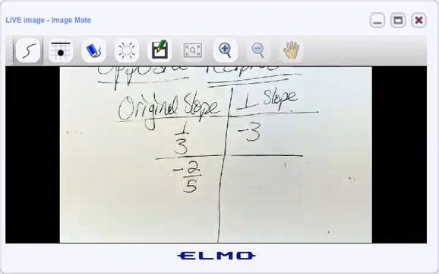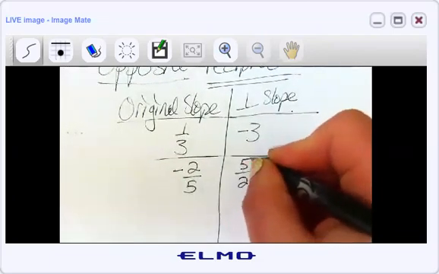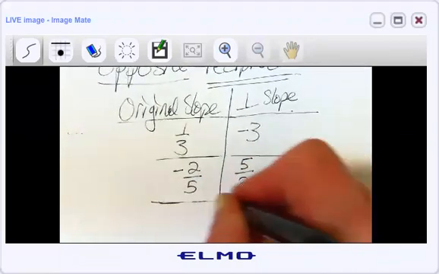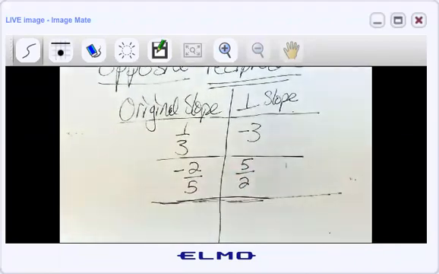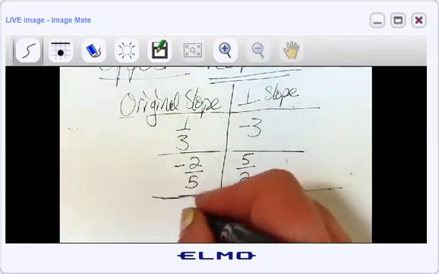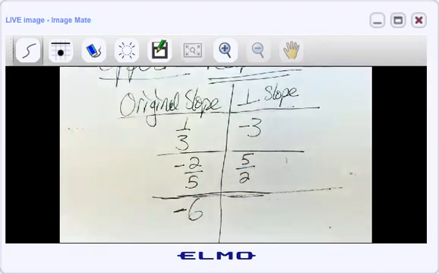Yeah, I'm going to make it positive now because I started negative, and I want to flip it over, so 5/2 is perfect. Good. Okay, let's try another one. What if my original was -6? What would the new one be?